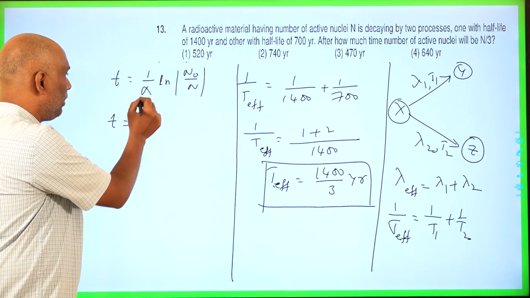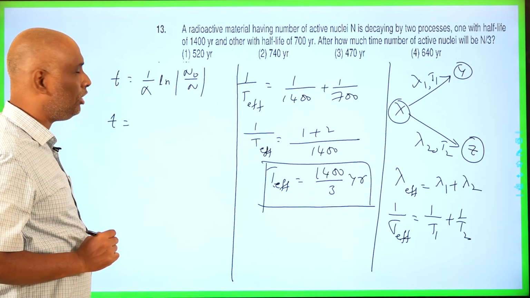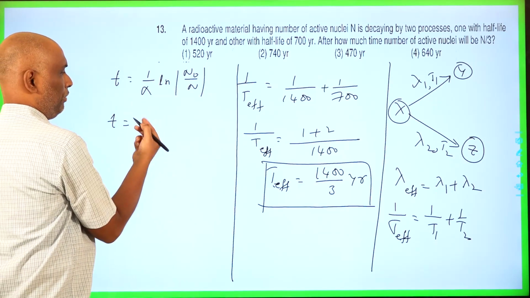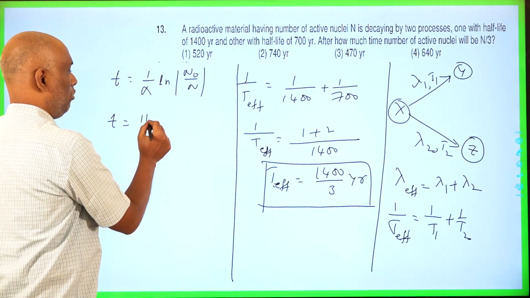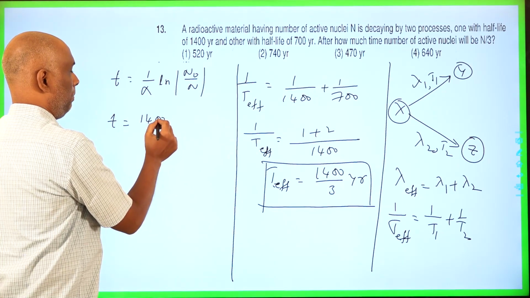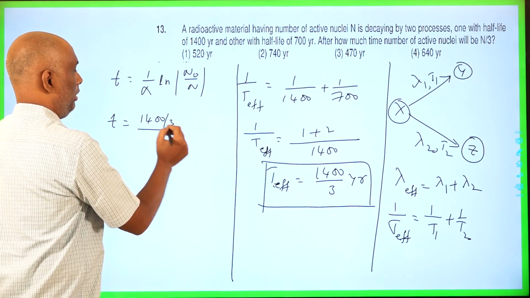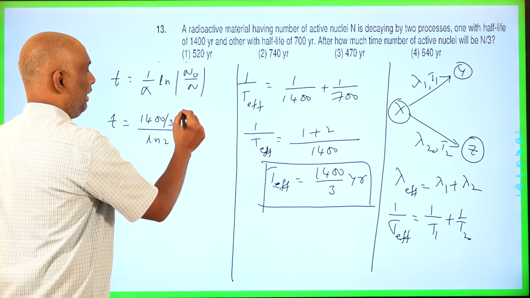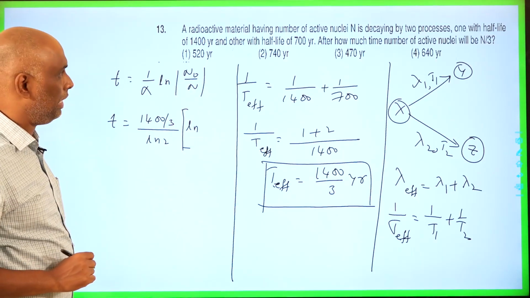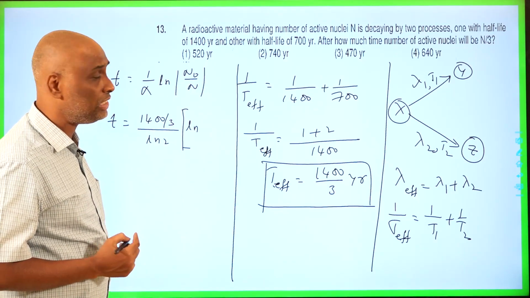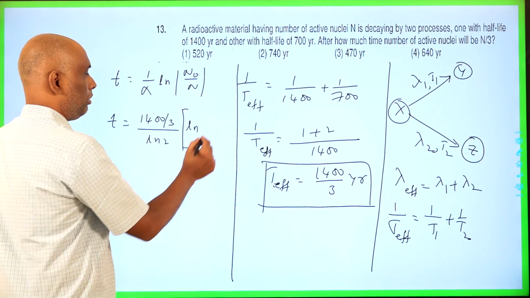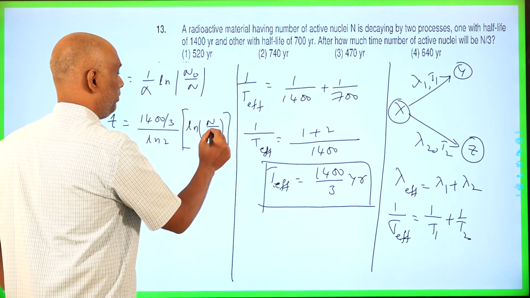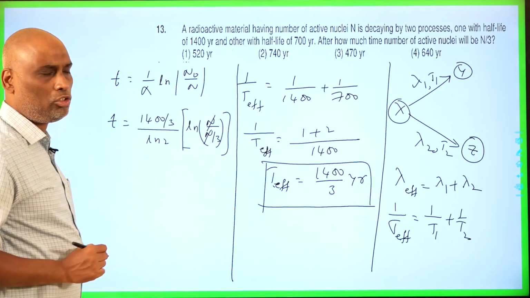So T becomes, lambda being ln2 divided by the effective time, the effective time goes to the numerator, that is 1400 divided by 3, divided by ln2, into ln of n0 divided by n. Here n0 is n and the final number is n divided by 3, so this becomes ln3 in the numerator.